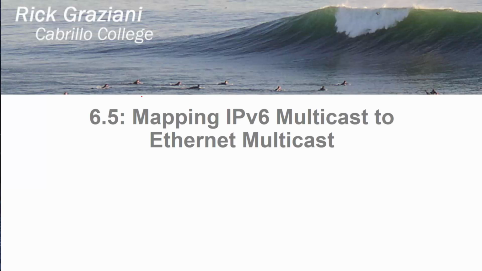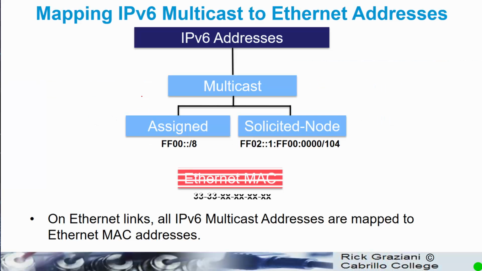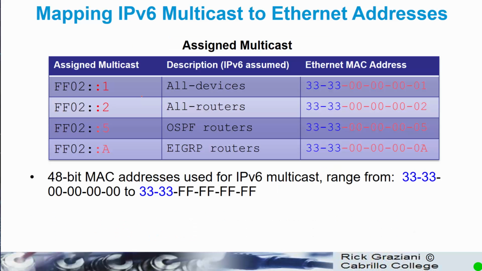So let's talk about mapping our IPv6 multicast to our Ethernet multicasts. Here we have an Ethernet MAC address of 3333. That goes all the way across. So these are going to be more of an assigned and a solicited node. Again, we can map these specifically to specific multicast addresses.